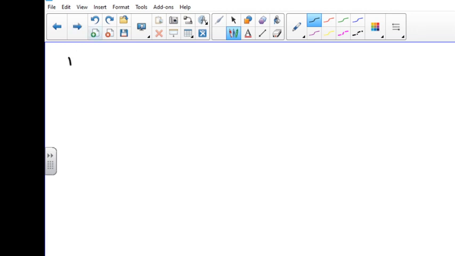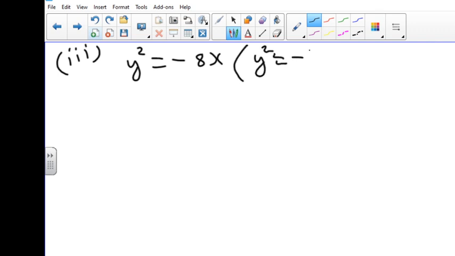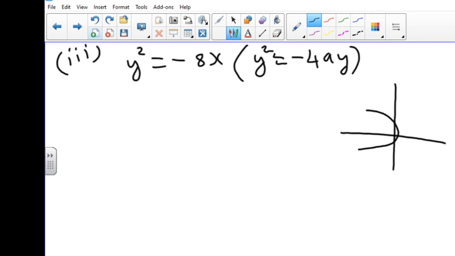Third subdivision, y square is equal to minus 8x. So it is of the form y square is equal to minus 4ax. First we'll draw a rough diagram. The parabola is open leftward.